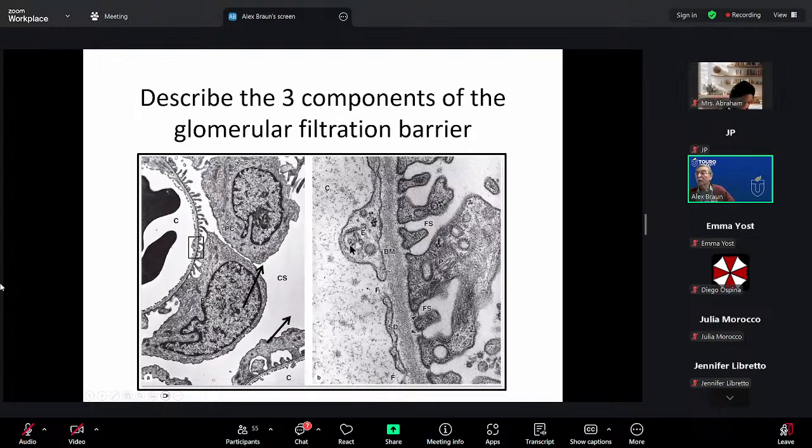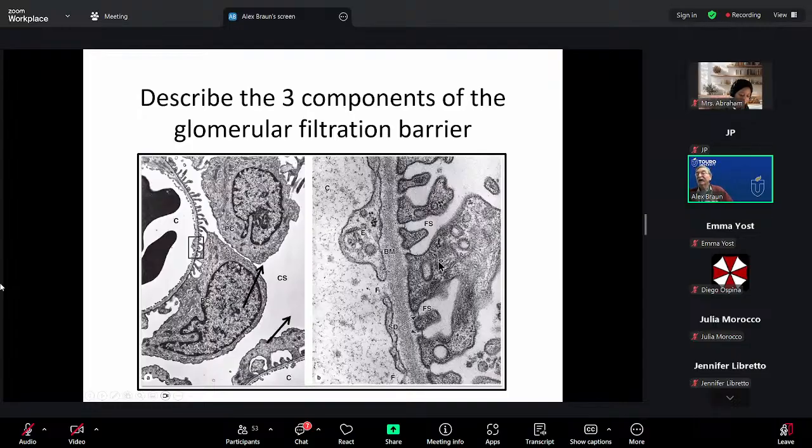Going back to this higher magnification view, we see the flattened endothelium of the capillary, the fenestrated endothelium. It has fenestrations like right here, for example. In the middle layer, we see the glomerular basement membrane. And the outer layer here, facing the urinary space, are the pedestals being made by the podocytes.